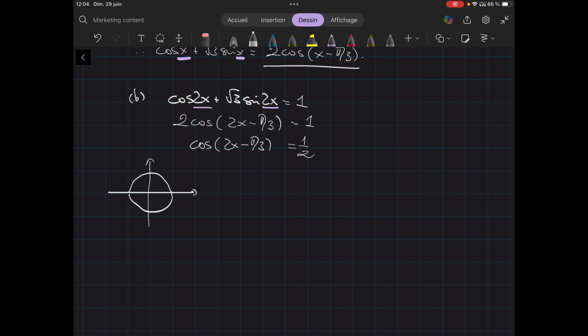Cos of something equal to 1 by 2. The first root is at pi by 3. The second root will be at negative pi by 3.